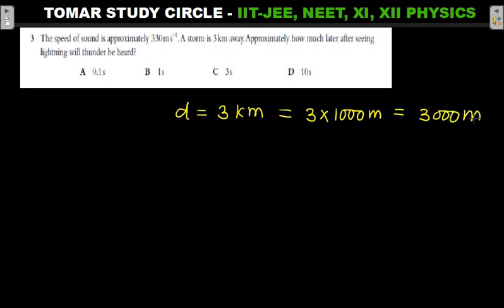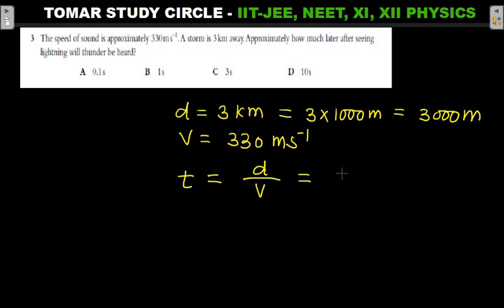The speed of sound is given as V equal to 330 meters per second. Now, if T is the time of hearing of thunder, then T is given as distance upon the speed of sound.